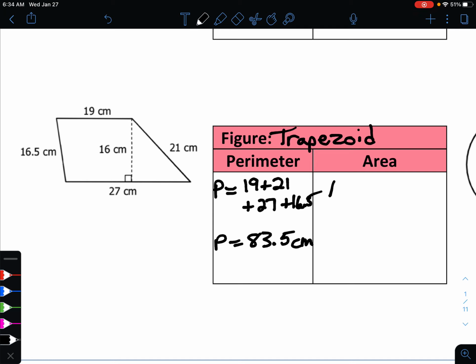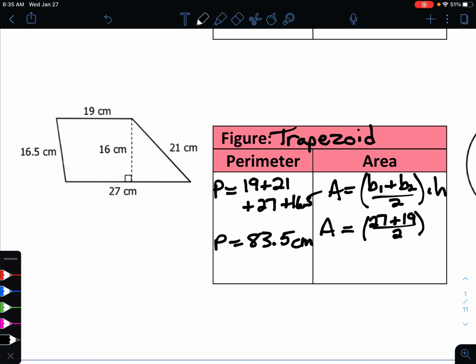For the area of a trapezoid, remember what you're going to do is find the average of your bases. So take base 1 plus base 2 over 2. And then multiply that by your height. So in this case, base number 1 is going to be the 27. Base number 2 is going to be the 19.